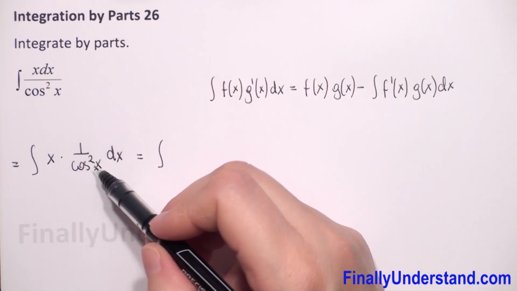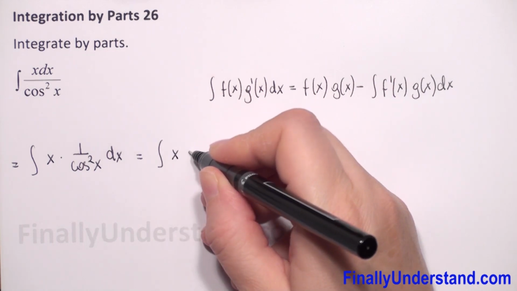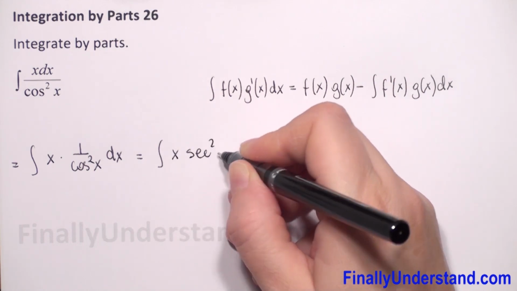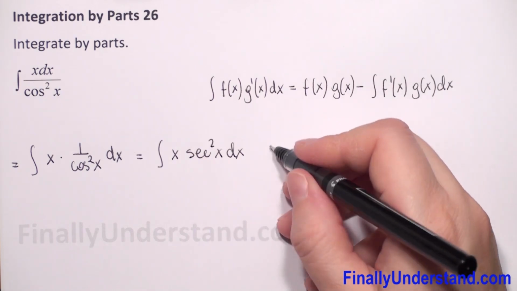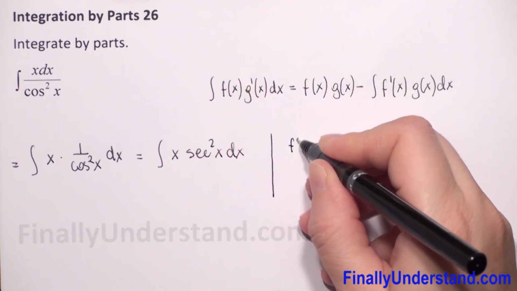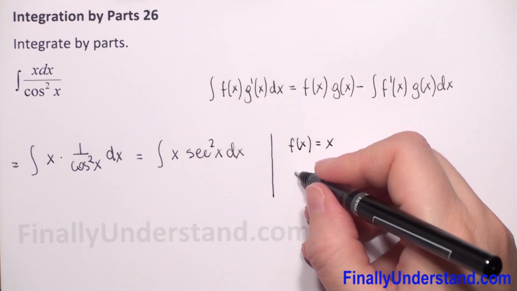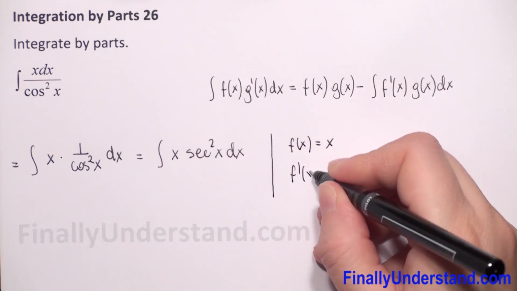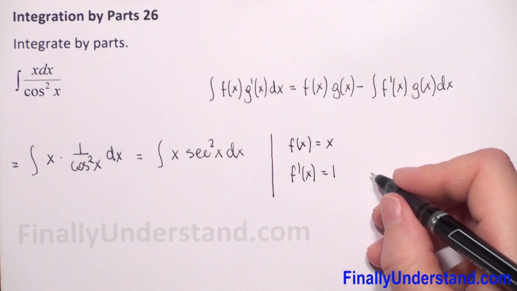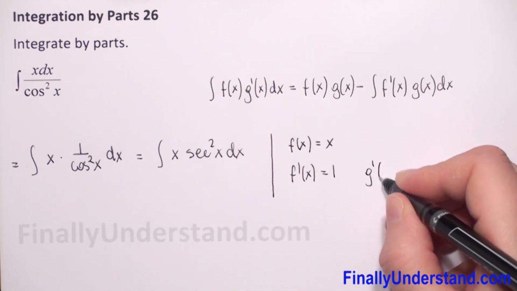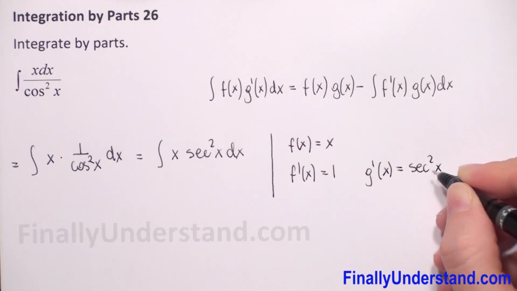1 over cosine squared will be secant squared. So we have x times secant squared of x with respect to x. Now we will put that f of x is equal to x. So f prime of x is equal to 1. Whatever is left is our g prime. So we have secant squared of x.